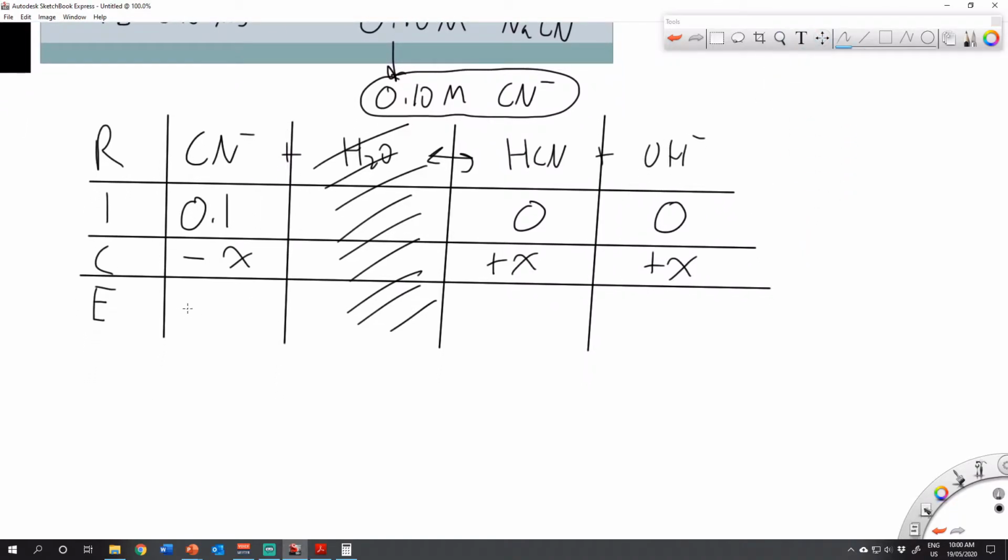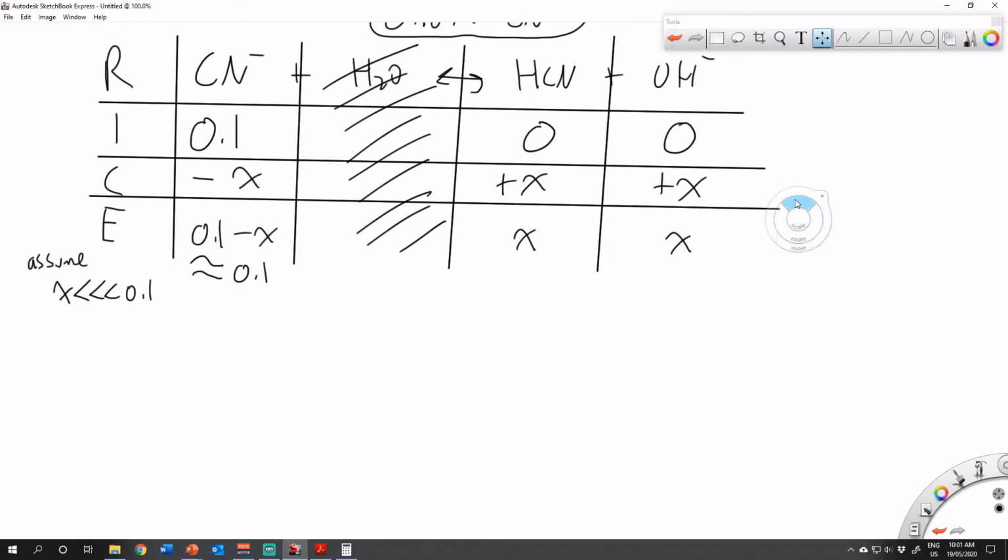We're going to make the assumption we did in the last set of calculations, that the change will be very, very small, so we can make this column a little easier to work with. And now we just set up our equilibrium calculation.